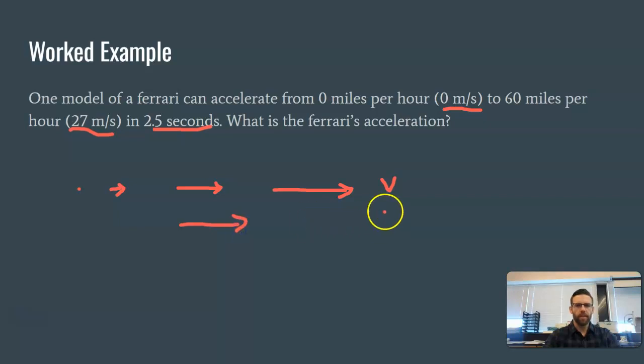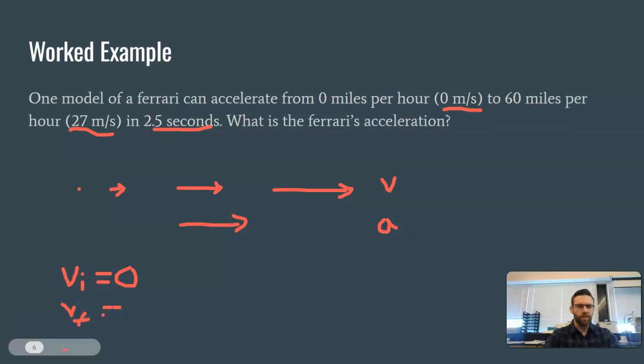So I know that the acceleration and the velocity are in the same direction. Okay, let's think about what my units are here. So I know that I have an initial velocity of 0. That's easy.